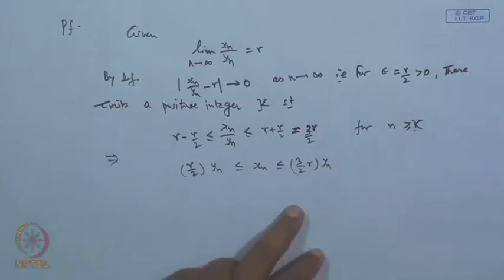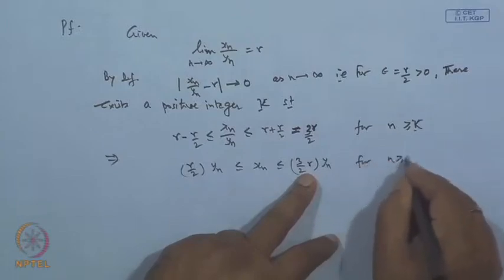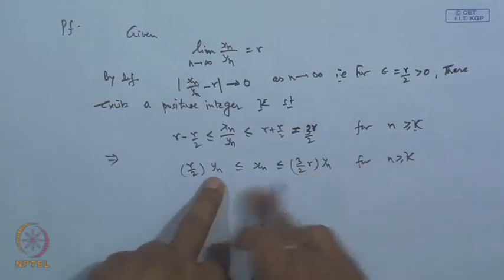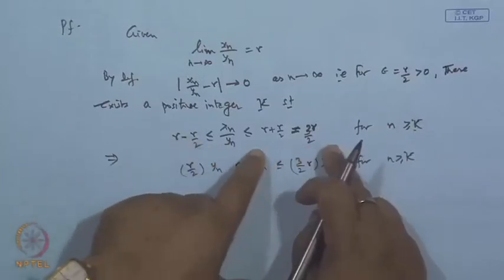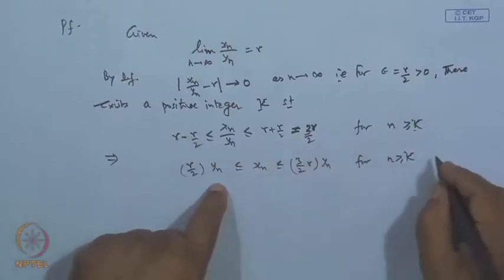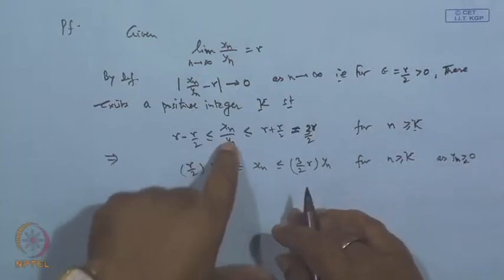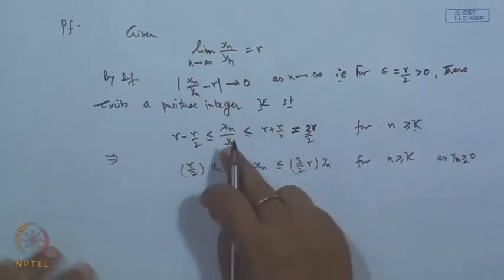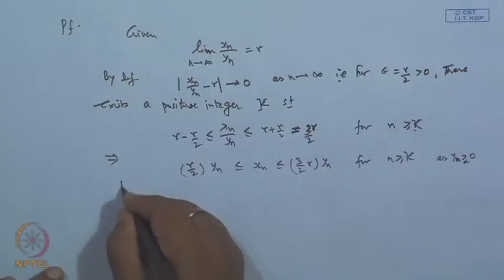Okay. Now, apply the comparison test, and this is true for n greater than or equal to k, because the y n's are positive. Therefore, when we are multiplying, it is not going to change the inequality as y n is greater than or equal to 0. Of course, greater than 0, otherwise it will equal 0 and create a problem. So, y n is greater than 0. Now, apply the comparison test.